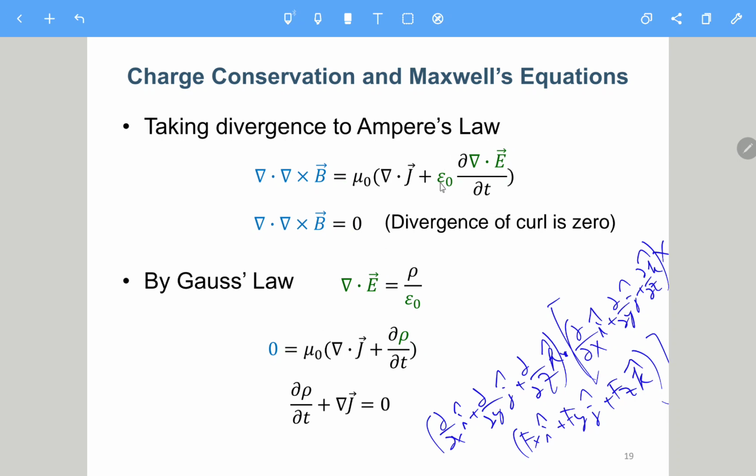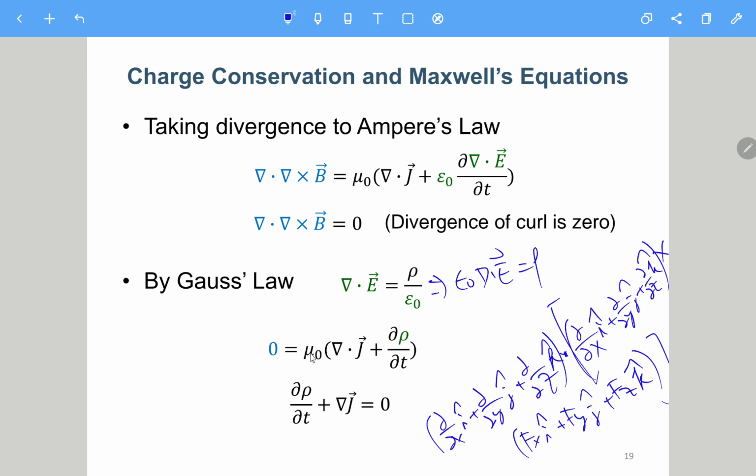And for this one, we can make use of the differential form of Gauss's law, which is divergence of E equals rho over epsilon naught. Or actually, epsilon naught divergence of E is rho. So here we have epsilon naught divergence of E, which is nothing but rho. So mu naught times this one is zero.